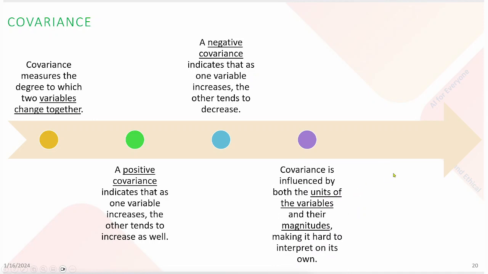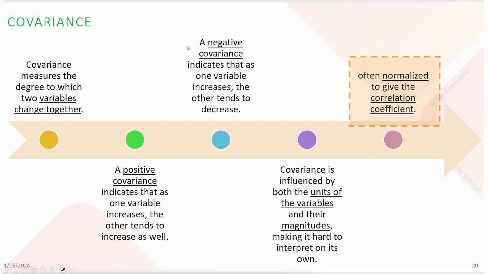When there are no changes, for example, if one variable changes and the other has no impact, then that's called zero covariance. The covariance is simply a measure of magnitude, not a normalized value, but simply a numerical value: the change in one variable multiplied by the change in the other variable.